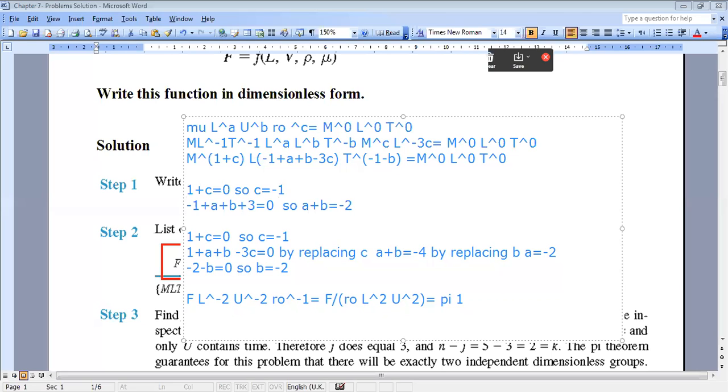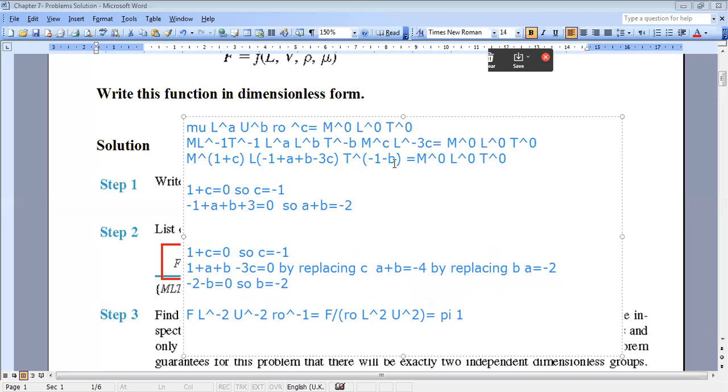And my third equation will be for T. For T, it's minus 1 minus B, which should be equal to 0 from the other side. So B is equal to minus 1. And if I replace B here, I get that A is equal to minus 1 also.